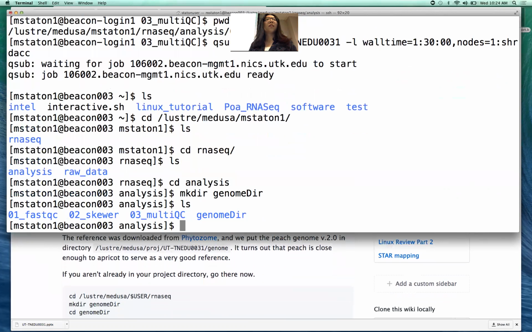Yes. It should be up inside the RNA-seq. Okay, then let's move this folder to the upper level.